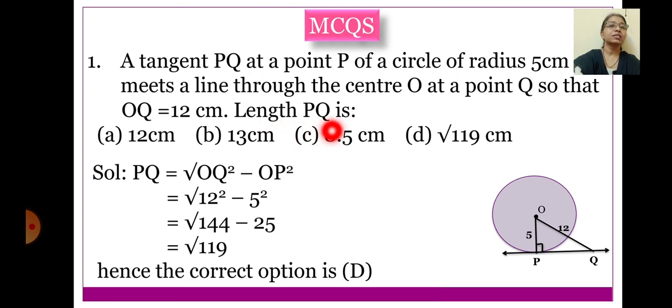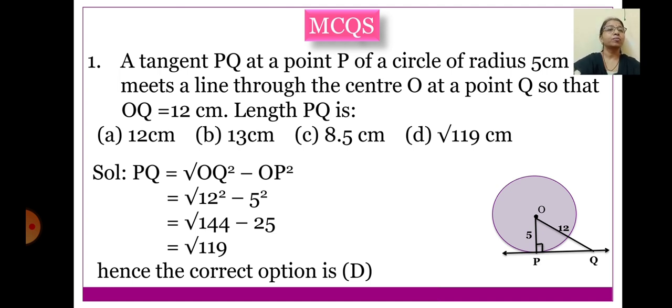So what is the length PQ? So here is the diagram. A circle with center O, radius 5 cm. On the tangent there is one point Q, so that its distance from the center is 12 cm, and we have to find the length PQ.